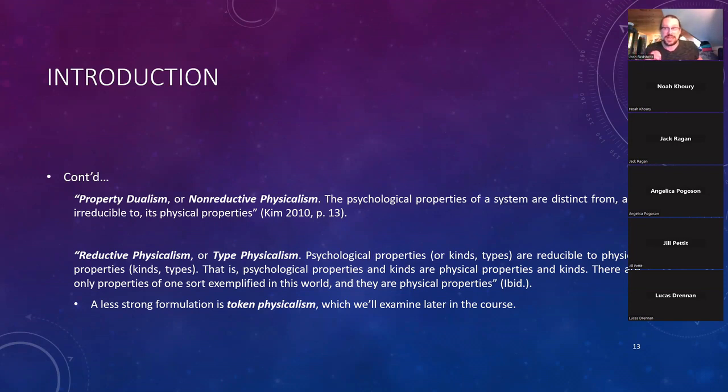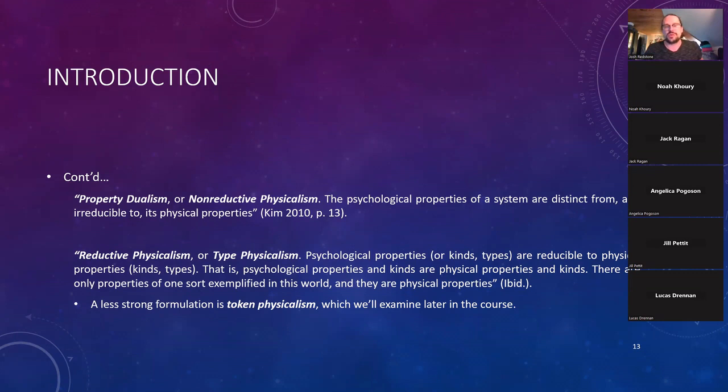And this particular type physicalism says that every type of mental state is reducible to a type of physical state. A different formulation is token physicalism, which says that each token of a type of mental state can be reduced to a token of a type of brain state.